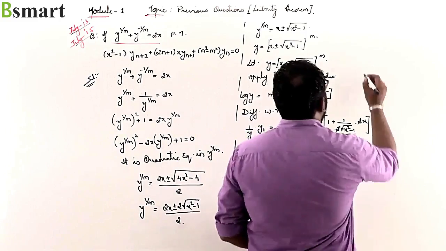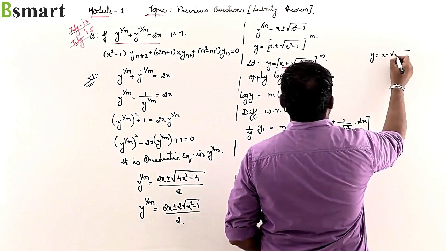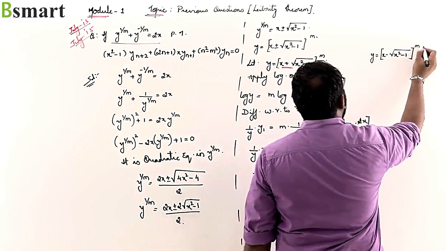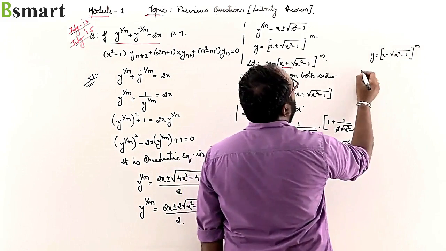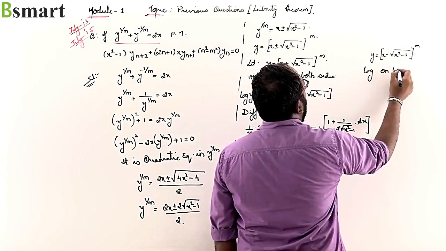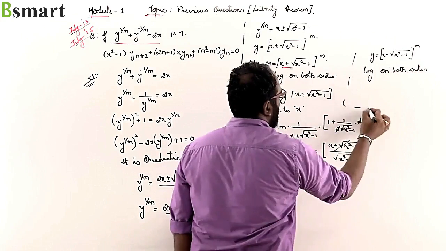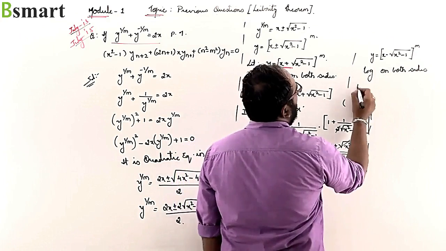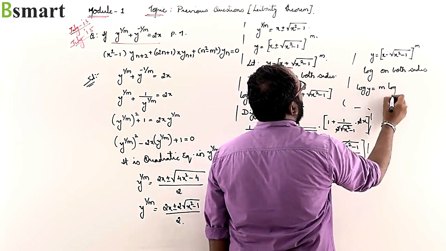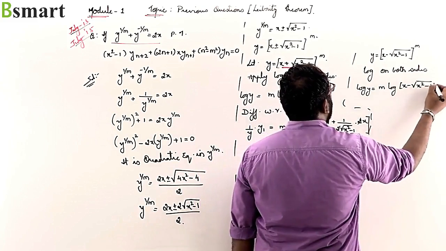So let us say y is equals to x minus root over x square minus 1 to the power m. Now as we are having power, so we'll apply log on both sides. So then that will be log y is equals to m into log of x minus root over x square minus 1.